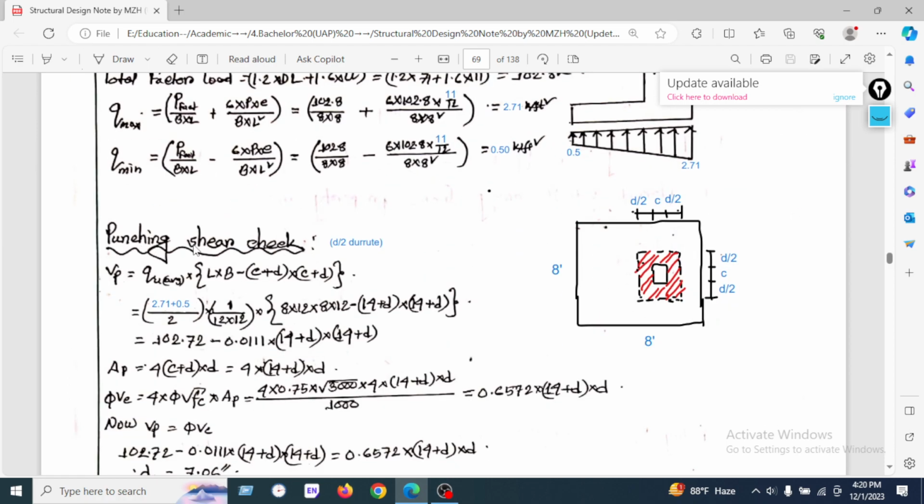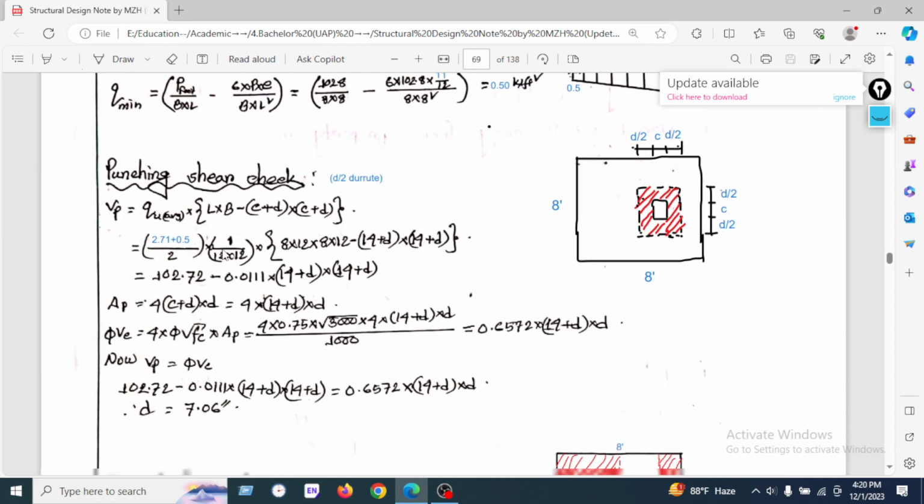So now we will check the punching shear, which will occur at d by 2 distance. So we have shown the figure. Here is the column, and c plus d by 2 and d by 2, the total will be c plus d, and here also in the y direction, d by 2 and c plus d by 2. So q is the average.